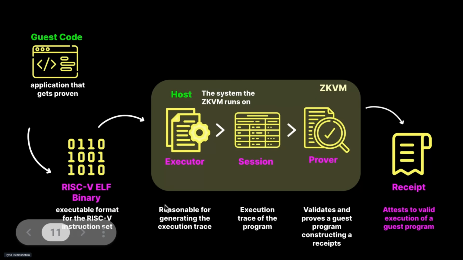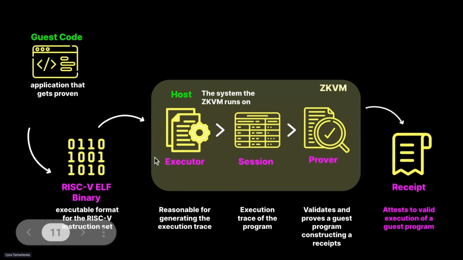So let's look again at the ZKVM architecture. Here we have the guest code. This is the program that you send to the ZKVM. This is what you want to prove, and a proof of this guest code will be generated. This is your Rust code, which is run through the compiler and generates an executable ELF binary for you.